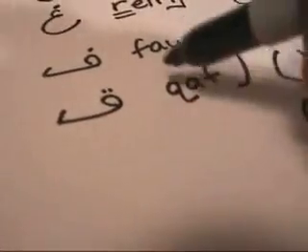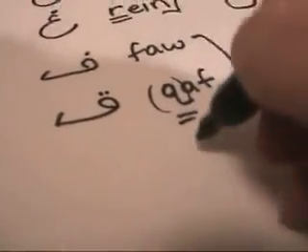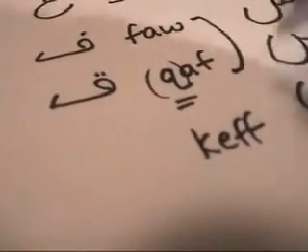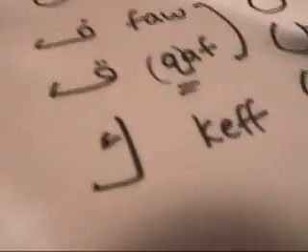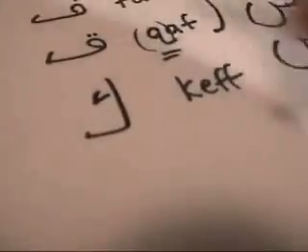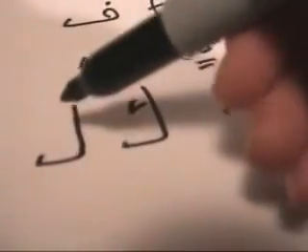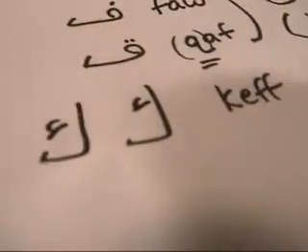And then we had this Q sound, and that's how it's represented in transliteration. Now we have the K, kaf, and that is represented by this little guy, but it usually doesn't look like that. But yeah, this is kaf. Little thing like that, and then this little hamza in the middle there.